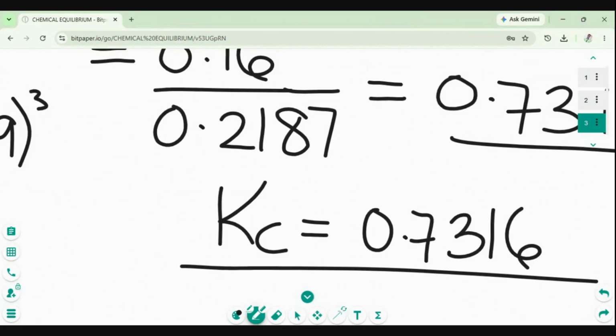But the moment you ask yourself, have I arrived at the answer? Yes. Is it the required answer? Yes, but no. Why I say no is because the answer is not complete. When is the answer complete? The answer of chemistry, especially physical chemistry, is only and only correct if it also has the correct units, the correct derived units.